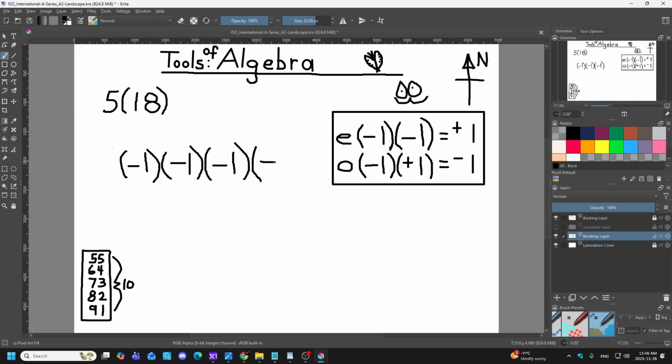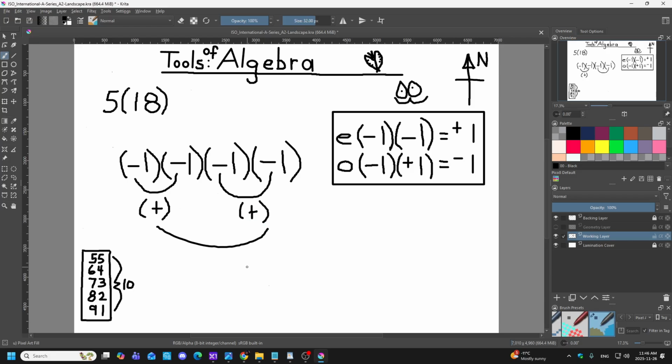I could quickly show you here. You could do the same with odds. So what happens here is you have this negative and this negative. This negative times this negative gives us positive. This negative times this negative gives us positive. What are we left with?